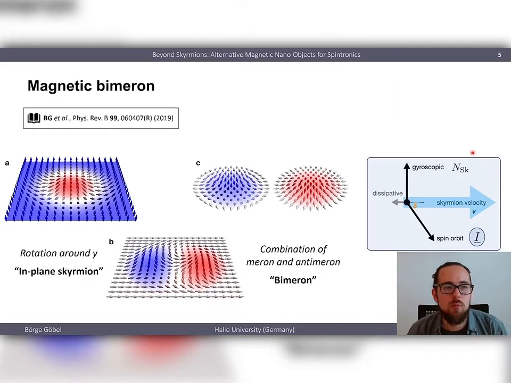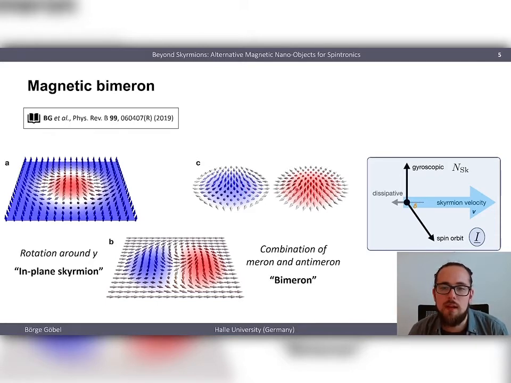So I want to start with the magnetic bimeron that we proposed in this paper in 2019, and you can consider the bimeron that you can see here as an in-plane skyrmion, because you can take a skyrmion and rotate all of the magnetic moments around the y-axis. Or you can consider it a bimeron because you can see it consists of this blue and this red part, which is an antimeron and a meron with opposite out-of-plane magnetizations.